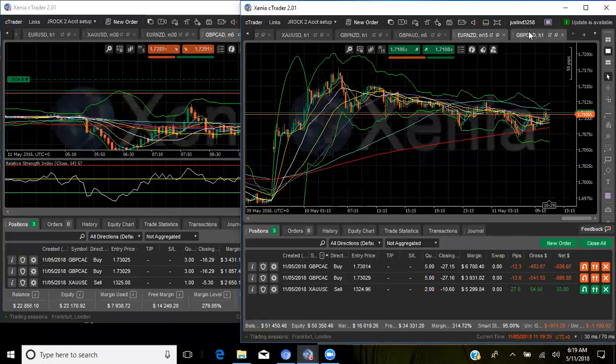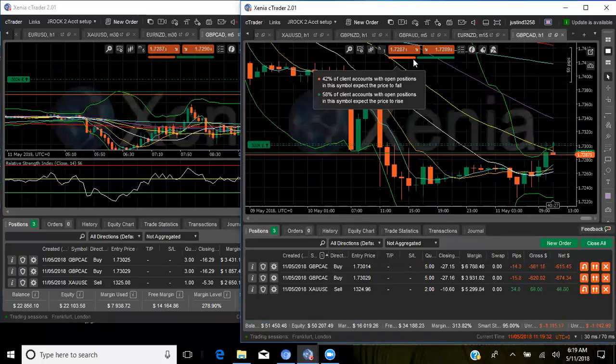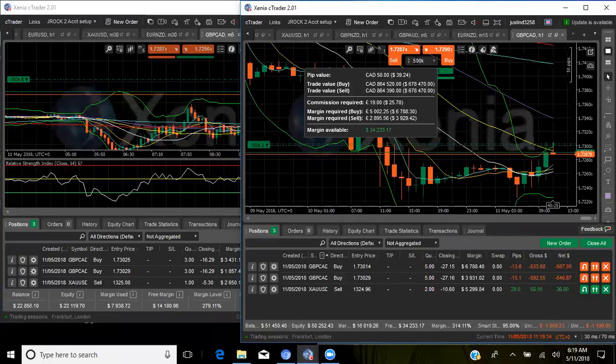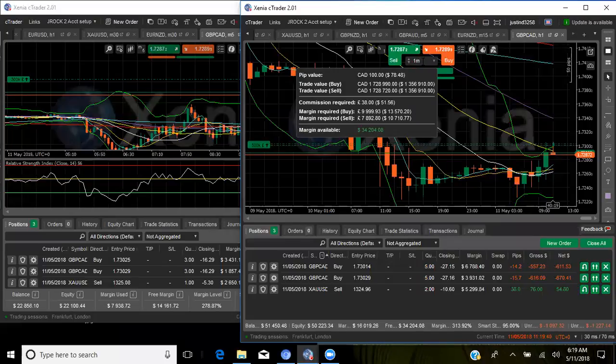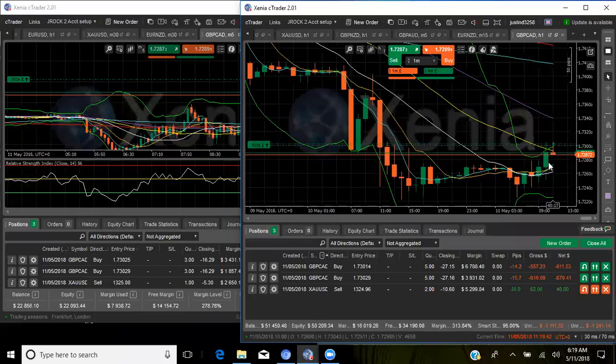Go to GCAD. All right. So that'll be good for me. If it comes down here, I'm going to get back in. I'm not going to do a buy limit, because if it comes way down here, it'd be very odd. But if it does, then I'm going to get in way down there.